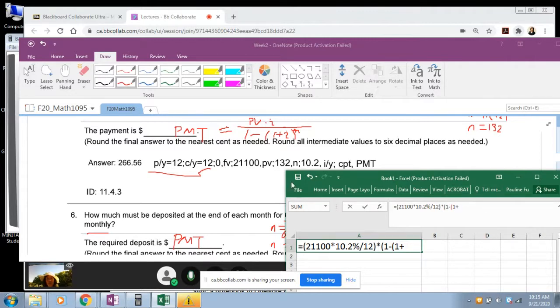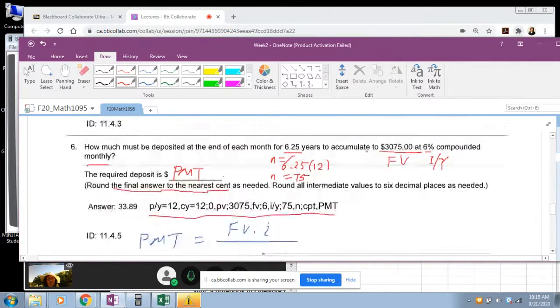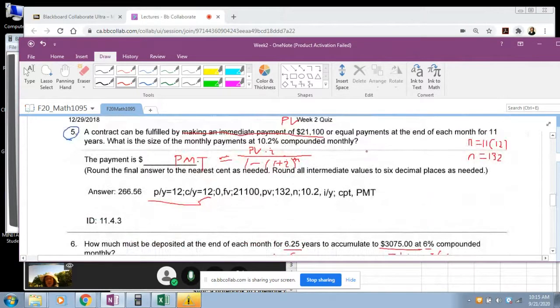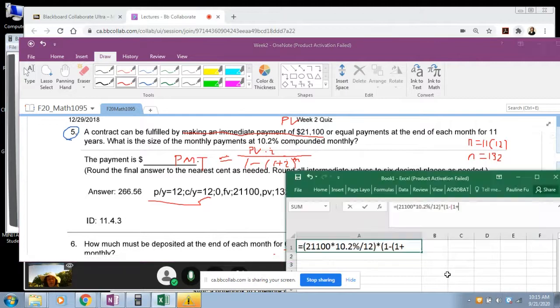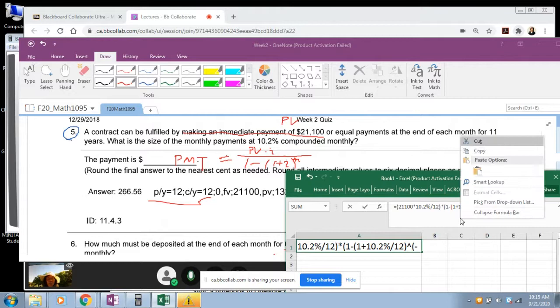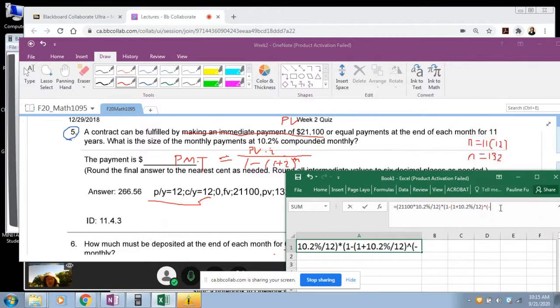I need to see the numbers. So I is 10.2% divided by 12. And then raised to power negative n. So negative 132, closing bracket again.